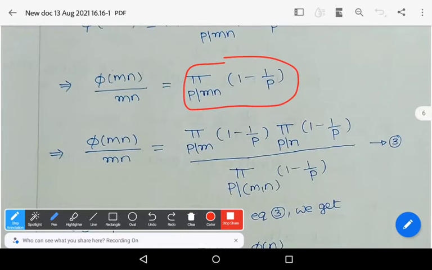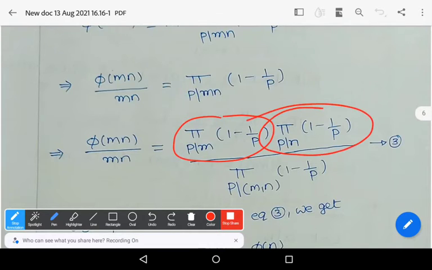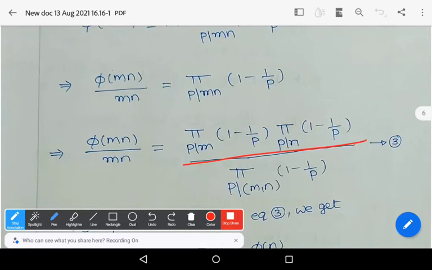The product over p dividing mn of (1 minus 1 by p) can be written as the product over p dividing m of (1 minus 1 by p), times the product over p dividing n of (1 minus 1 by p), divided by the product over p dividing gcd of m comma n of (1 minus 1 by p).